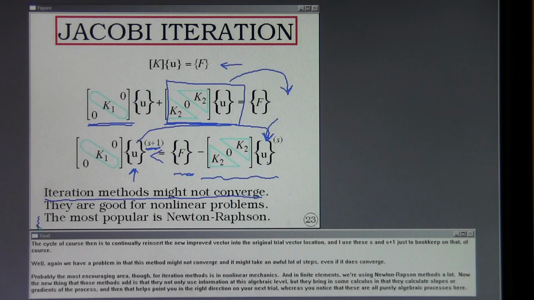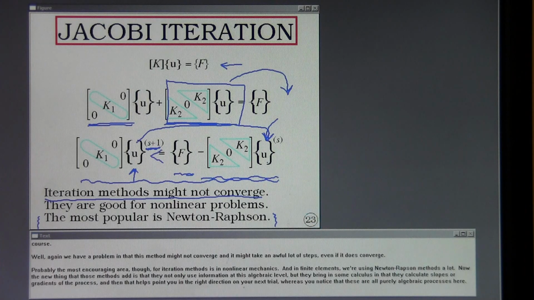Now, the new thing that those methods add is that they not only use information at this algebraic level, but they bring in some calculus in that they calculate slopes or gradients of the process, and then that helps point you in the right direction on your next trial, whereas you notice that these are all purely algebraic processes here.